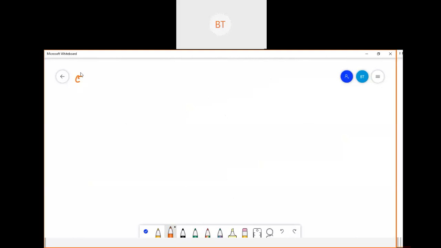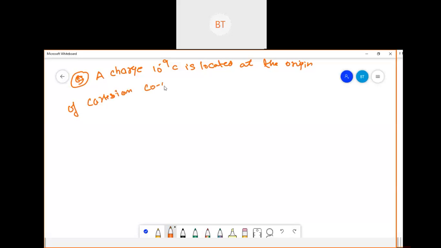The question was a bit complicated. It was like that: a charge of 10 to the power minus 9 coulomb is located at the origin of a Cartesian coordinate system, and another charge q.